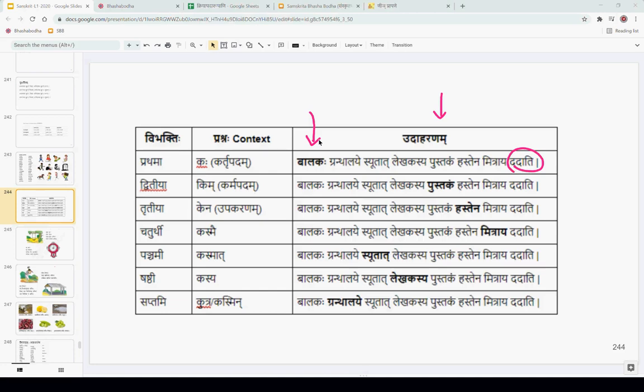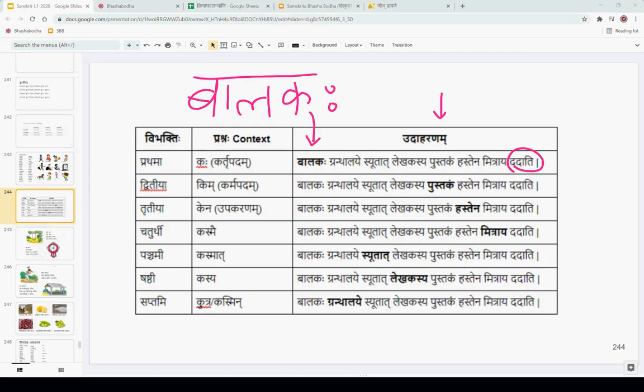The pratipadikam, or noun base, here is Balaka. The Prathama Vibhakti pratyaya we add comes as a visarga. So the final usable Prathama Vibhakti form of the base Balaka is Balakah, with the visarga at the end.